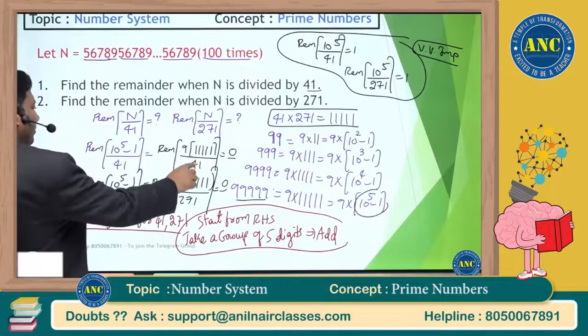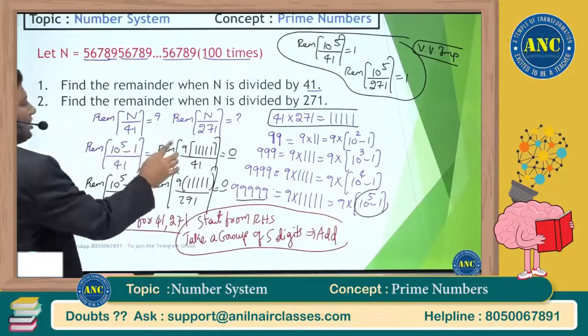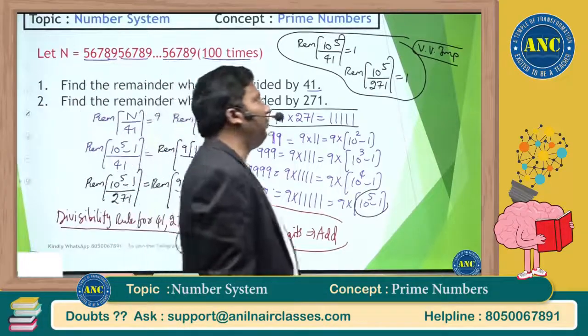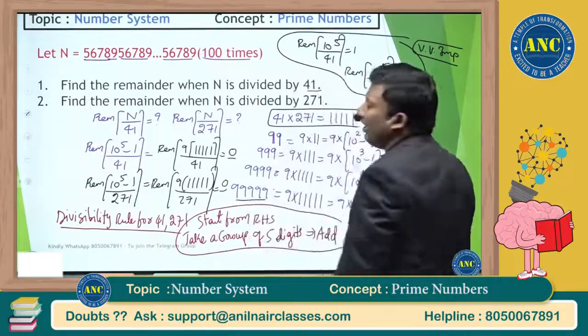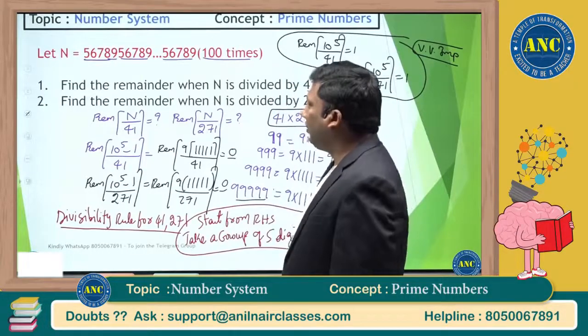Divided by 41 it is perfectly divisible, remainder 0. Minus 1 goes to the right hand side as plus 1, so 10 power 5 divided by 41 gives 1, and divided by 271 also gives 1.